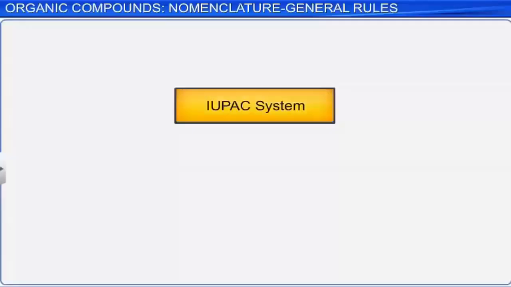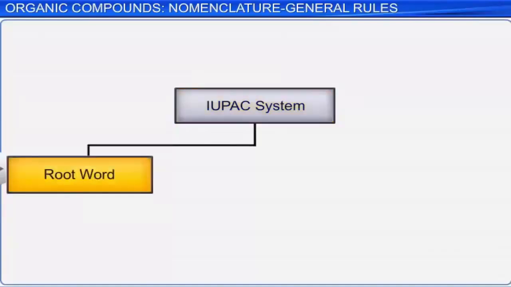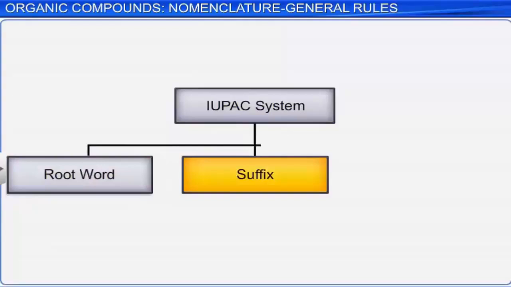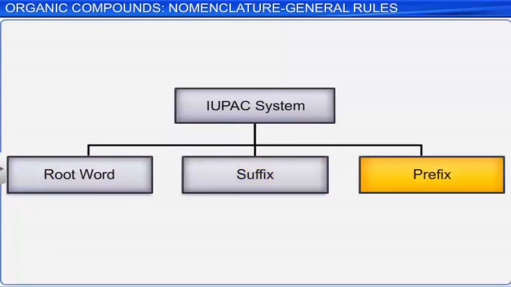The IUPAC name of an organic compound basically consists of three parts: the root word, the suffix, and the prefix. A root word indicates the length of the continuous selected carbon chain.